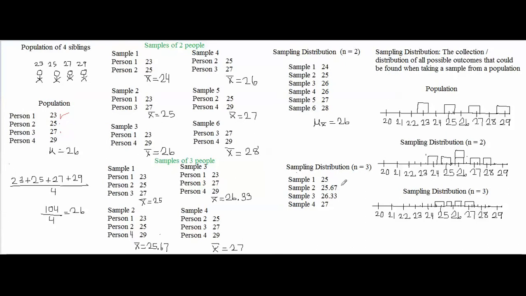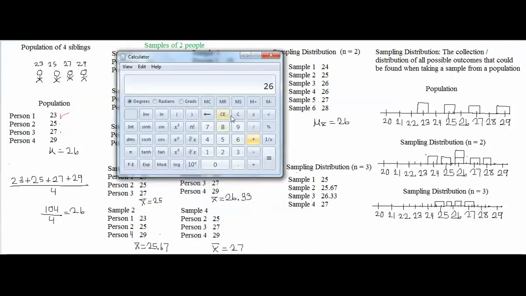So let's try to show that the mean of this other sampling distribution is also 26. You have to add the 4 numbers and then divide the total by 4. So the total is 104, divided by 4 is 26.